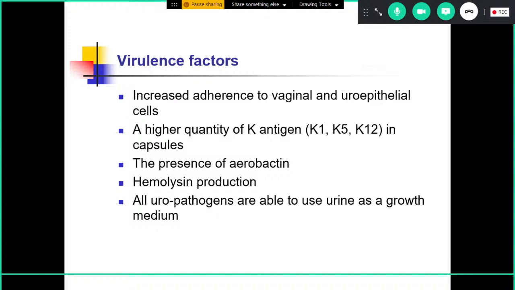You must be familiar with the term siderophores. Then they produce hemolysin, and all uropathogens are able to use urine as the growth medium. Although it is an incomplete growth medium, certain metabolites they produce allow the growth of the uropathogens.